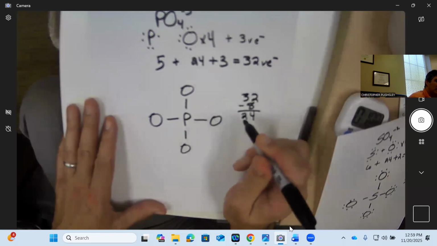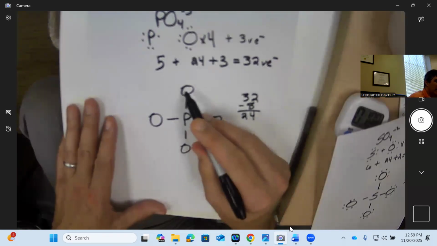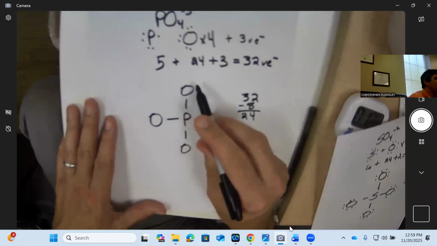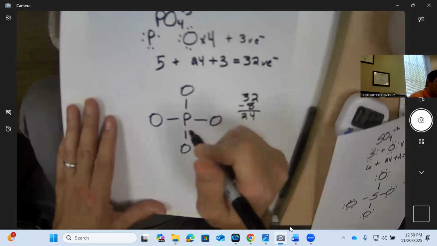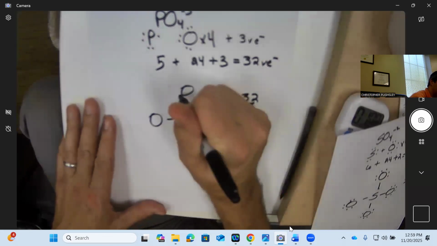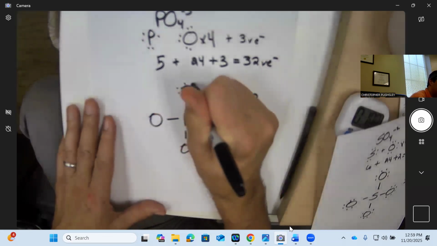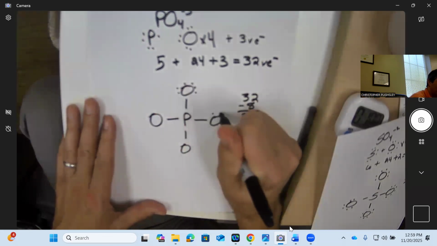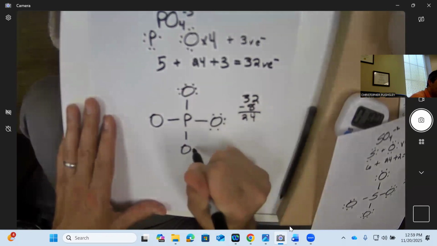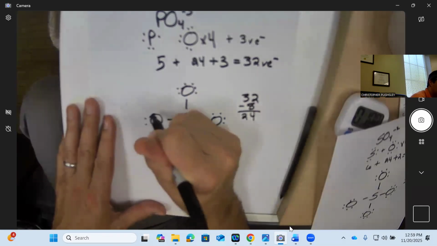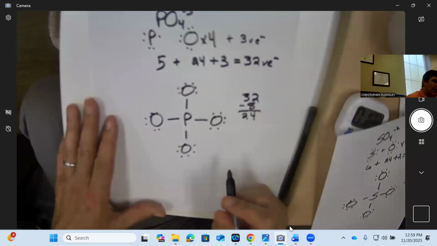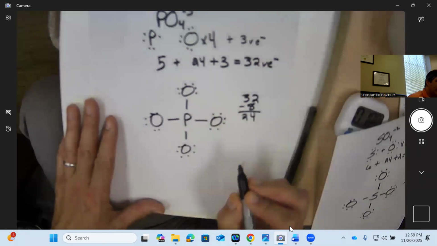I can put these 24. How many more do I need for each oxygen? 6. If I do 6 for every oxygen, then I'm done. All right, so I got all my dots in a row.